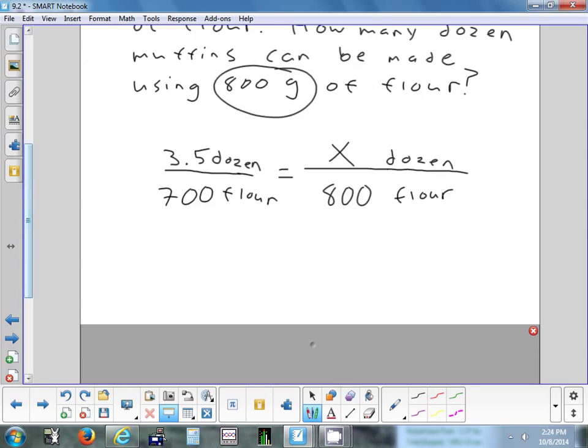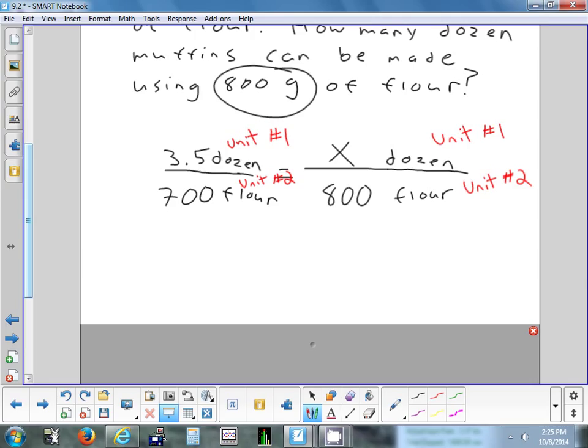So for any old problem, up on the board, unit number 1, doesn't matter what it is, you've got to compare it to unit number 2.